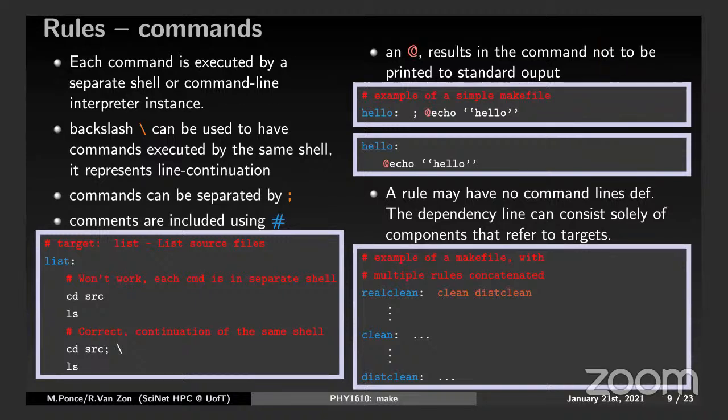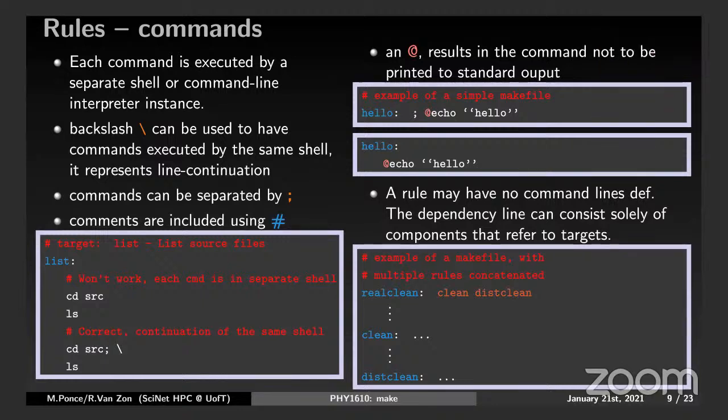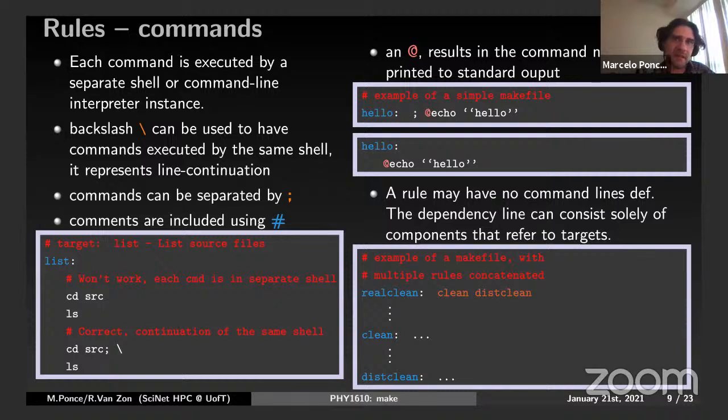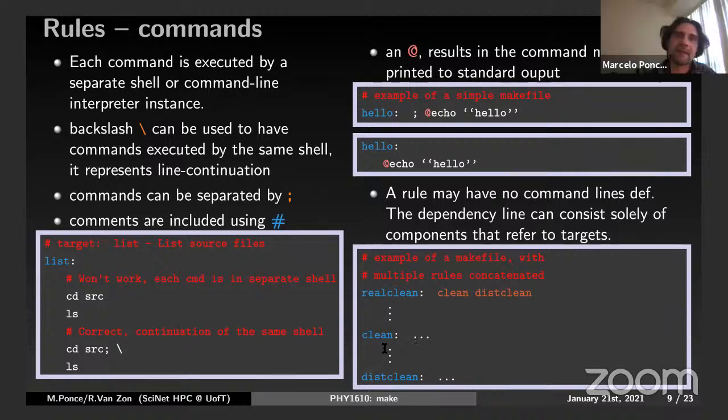I'm wondering, if you run a rule and the dependencies have already been run once, will it rerun the dependencies? Does that make sense? Good question. Let me be clear. In this particular case, with the clean rules, Make cannot check whether the dependencies need to be redone, because that works nicely only if there is a file associated with it.